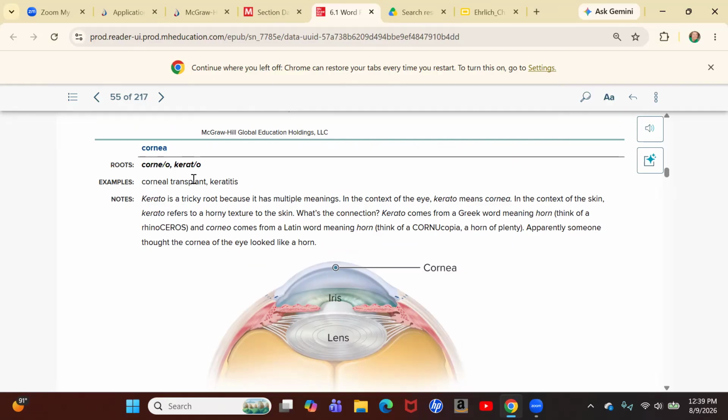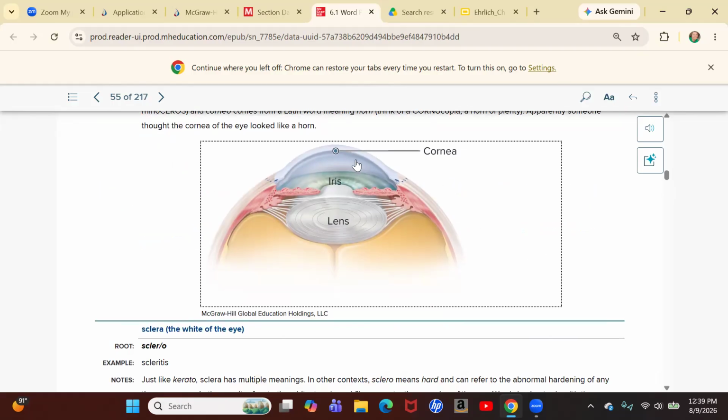It can mean horny, as in a thick, horny texture of the skin, or like nails or horns on an animal. So it has multiple meanings as well. Something to think about there, that term cornucopia. Okay. So you see that, and you have the aqueous fluid within that.